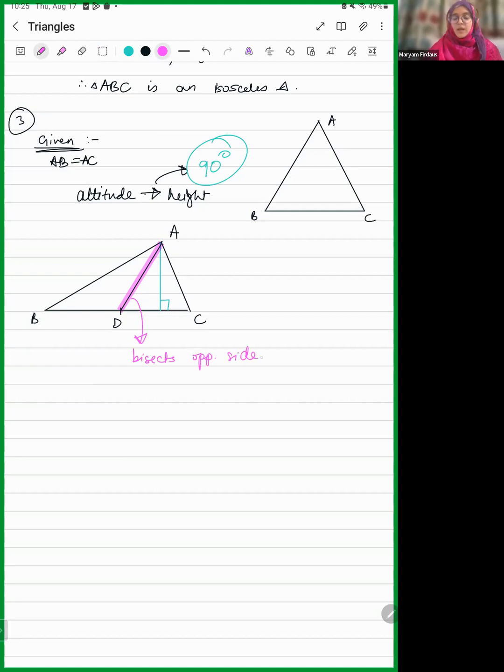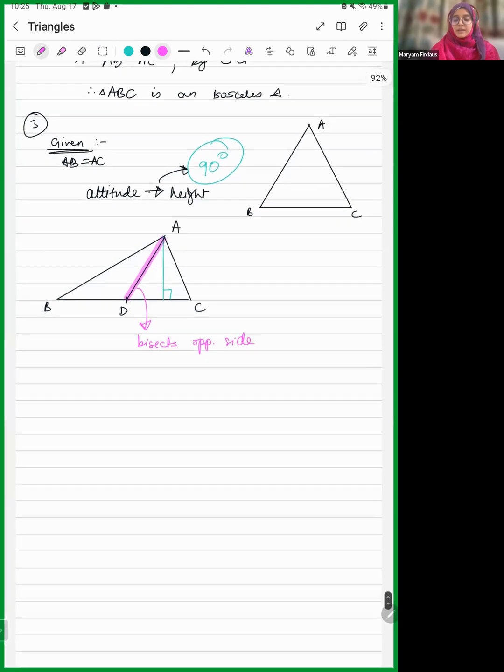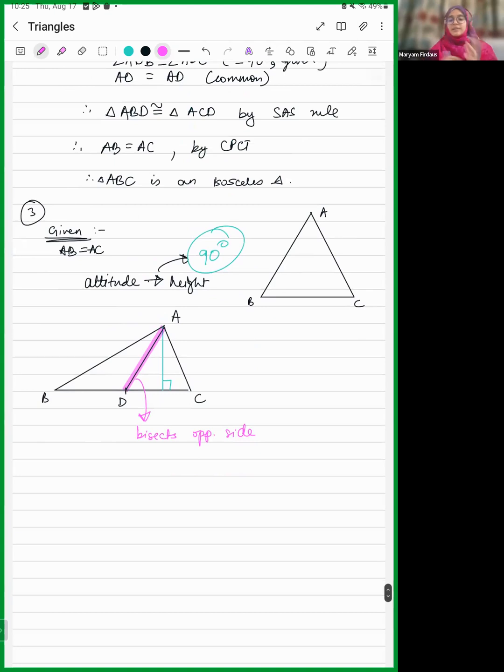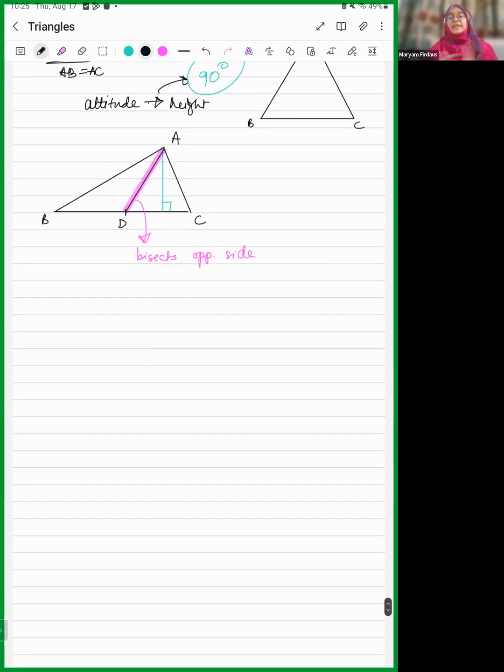Now, what we have been using till now, bisecting the angle and all of that, is happening. Why you get confused is because this triangle that I've drawn over here is a scalene triangle. None of the sides is equal. That is why, all sides being different, you can see the difference between median and altitude.